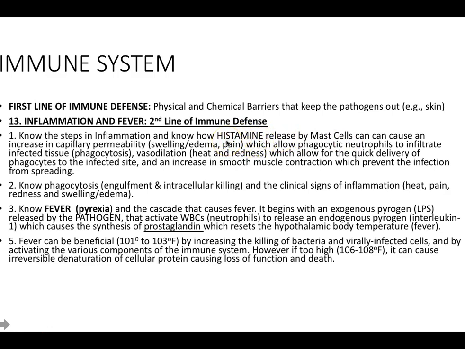Histamine is a very active pharmacological agent that is going to diffuse into the area and cause an increase in capillary permeability, and then also cause vasodilation and increase in smooth muscle contraction. Now, let's take each one of those. When the capillaries become permeable, they pull apart a wee bit in order to deliver phagocytic neutrophils to the wound area.